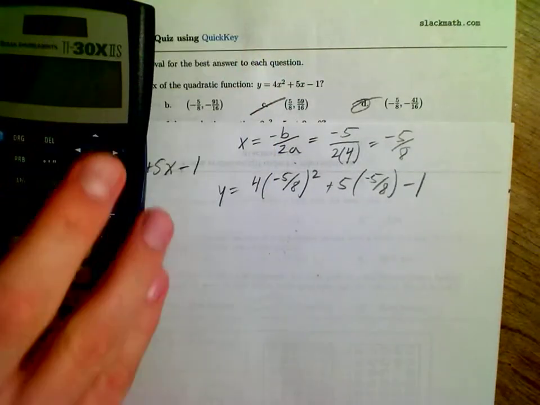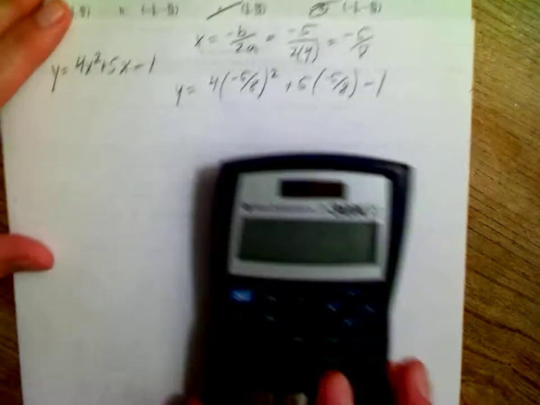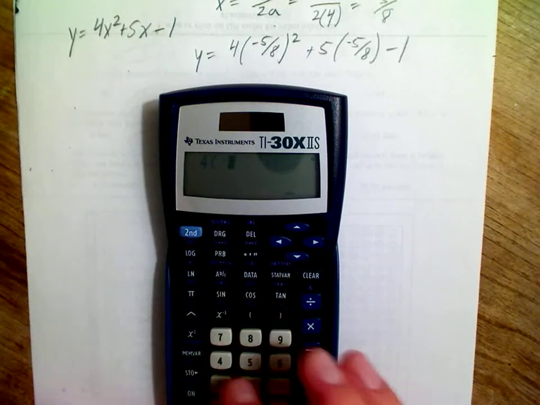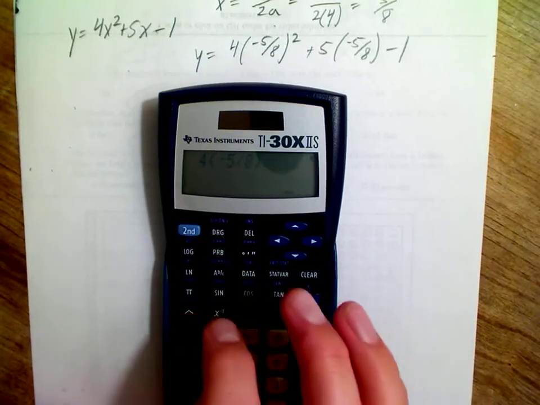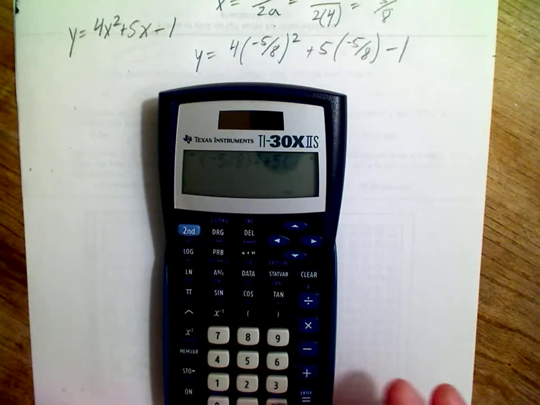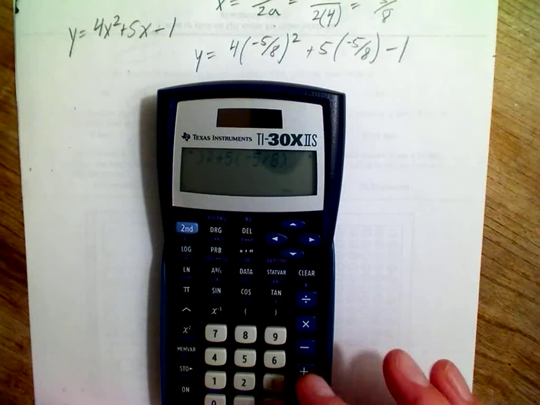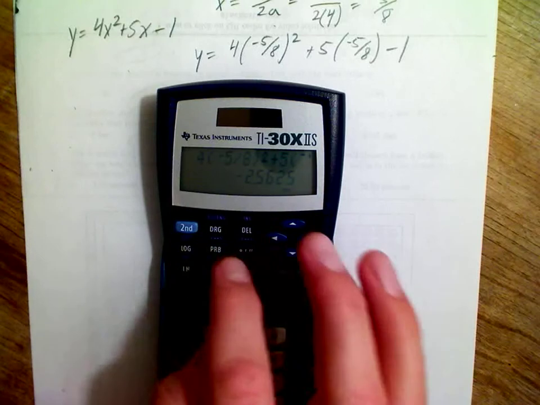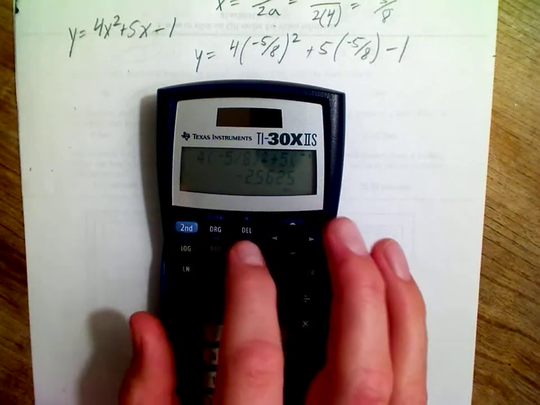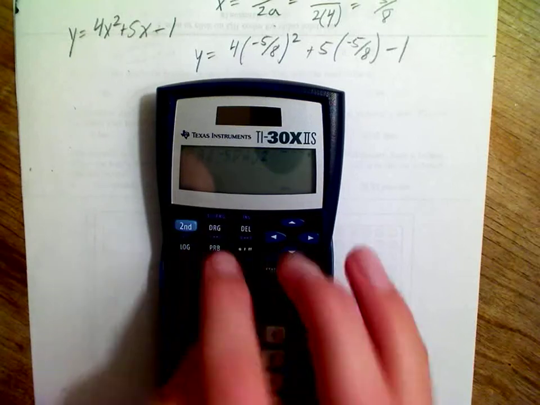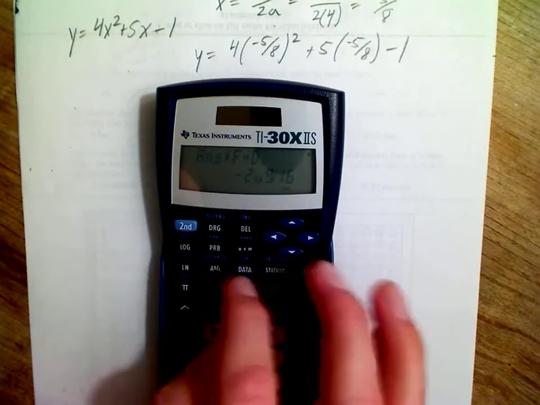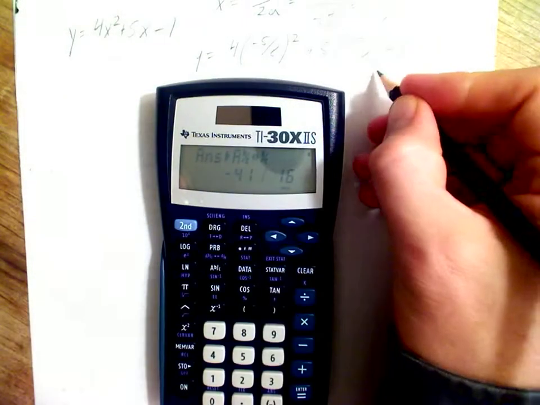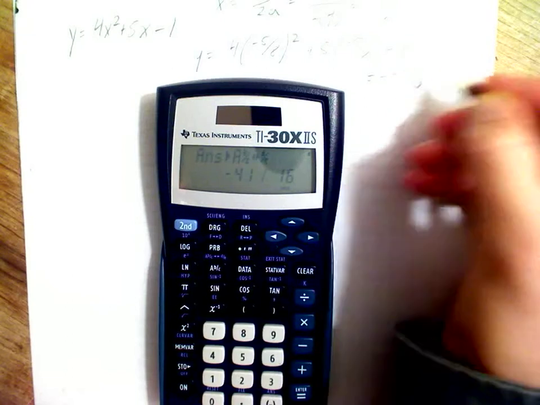So we've got 4 times negative 5/8 squared plus 5 times negative 5/8 minus 1, which is negative 2.56. So we convert this decimal to a fraction: negative 41/16, which is D.